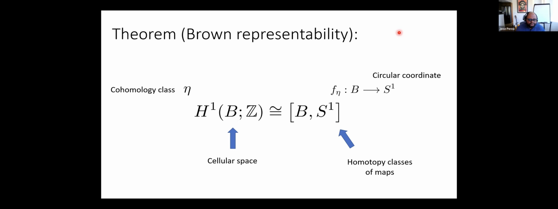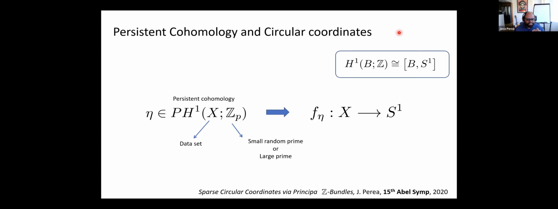And the contribution we've made is to realize this type of theorem in algorithms. So what does it mean? It means that instead of cohomology, you're computing persistent cohomology. So you're computing these barcodes or these persistence diagrams.